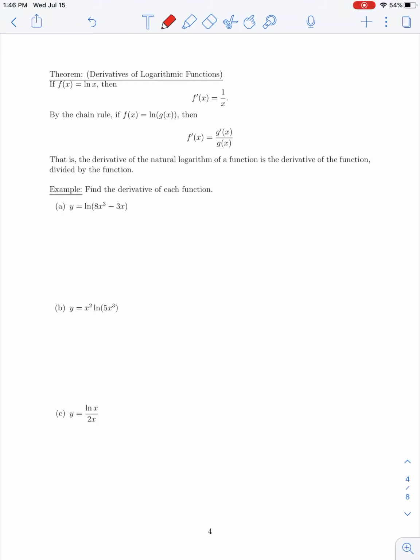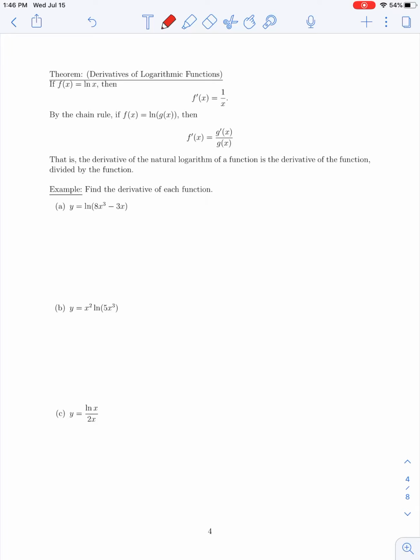Okay, in this lecture we're going to cover the next part of our section 11.8 material on the derivatives of logarithmic functions. The most frequently used logarithmic function is called the natural logarithm, or the logarithm which has a base of e, that is the inverse of the base e or natural exponential function.